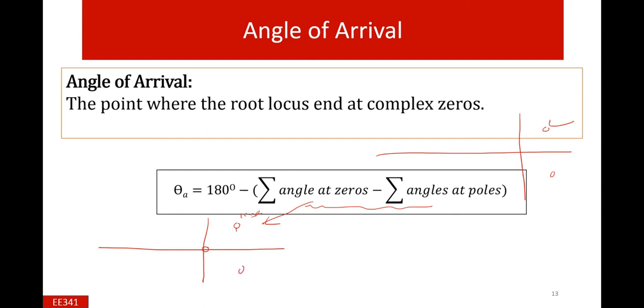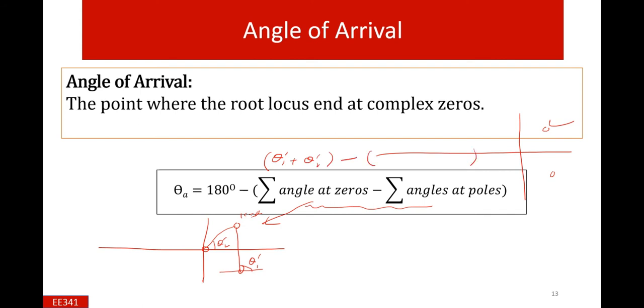So find the angle which is theta 1 prime, and similarly this is theta 2 prime, and here we will take theta 1 prime plus theta 2 prime, minus.